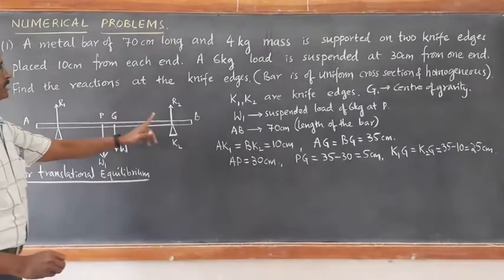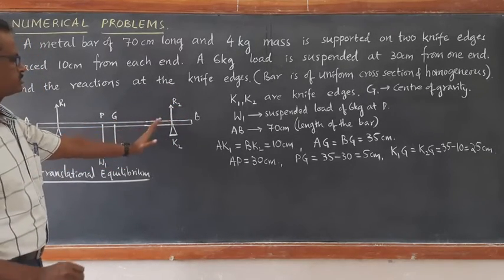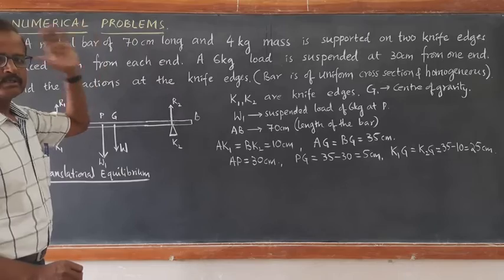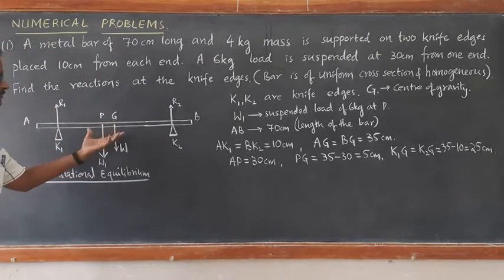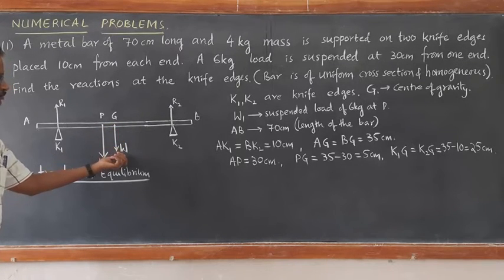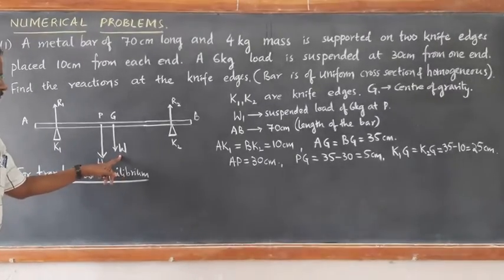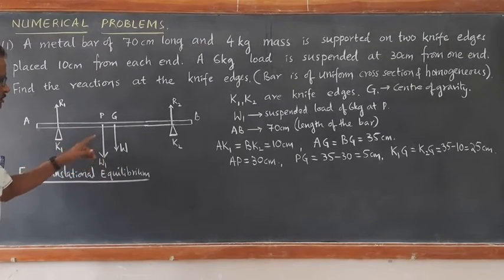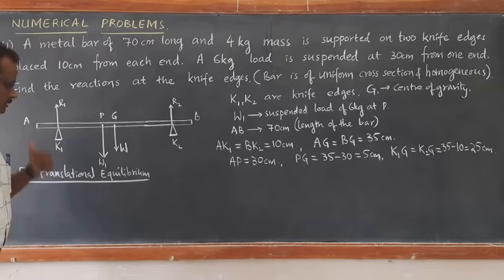R1 and R2 are the normal reactions which are acting vertically upward, so we will take them positive. The weight of the entire metal bar is acting at the center of gravity, vertically downwards, so W is negative. And W1 is also negative because it is also a weight exerted towards the center of the earth, vertically downwards.